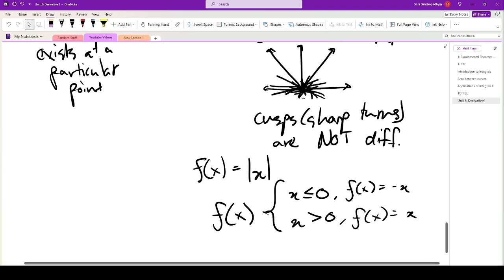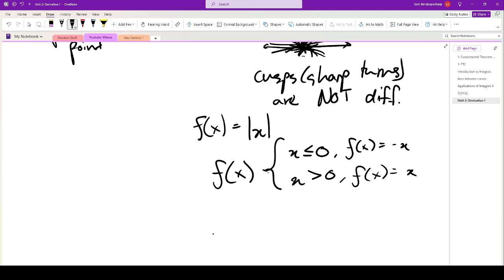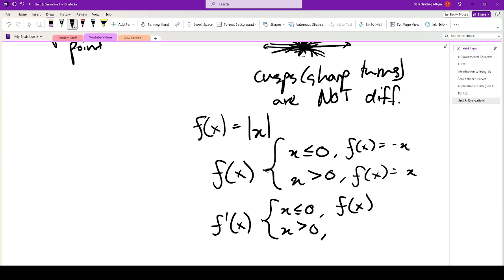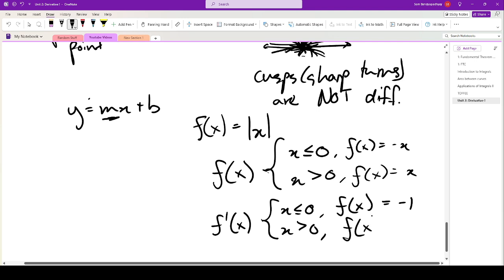Then if we take the derivative of each piece, the derivative of negative x is just the slope of the line negative x, which is negative 1. y equals mx plus b, and in this case our m is negative 1. Same thing applies here: the slope of this line is going to be positive 1.